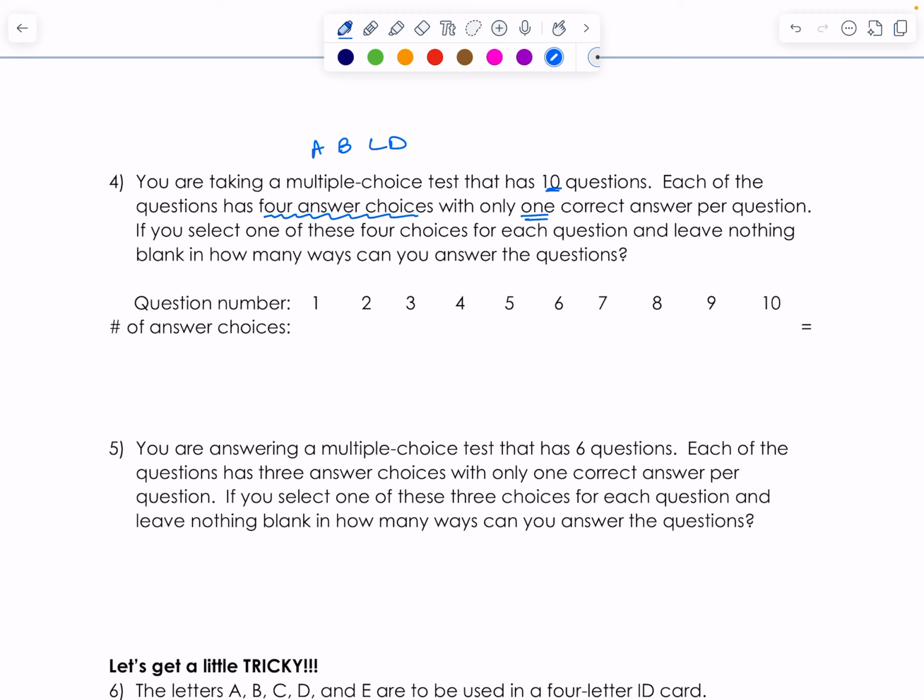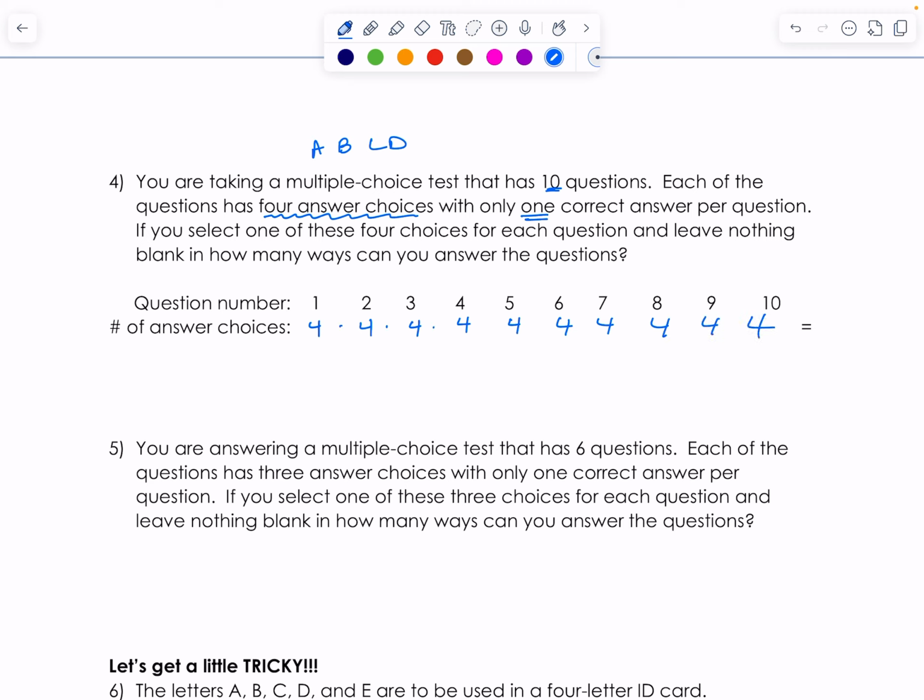If you select one of these 4 choices for each question and leave nothing blank, how many ways can you answer the questions? There's 4 ways to answer number 1, 4 ways to answer number 2, 4 ways to answer number 3, and for all 10 of those, there's 4 ways.